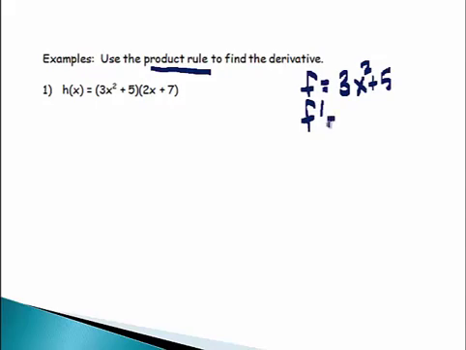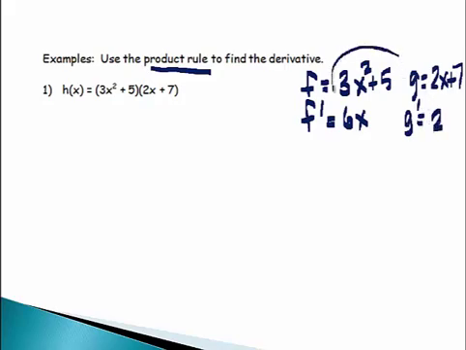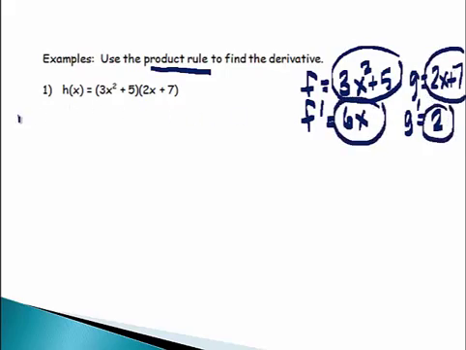Well, then f prime, the derivative of that, would be 6x. We're using the power rule. Okay, g is that second function, 2x plus 7. And then g prime, its derivative would be 2. So we need to use all four of these to come up with a correct derivative of the entire function.